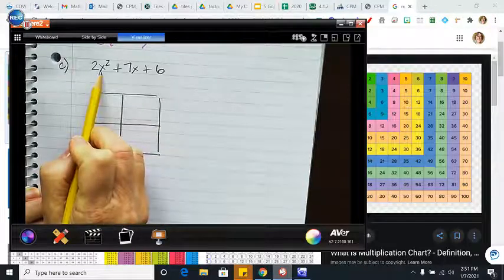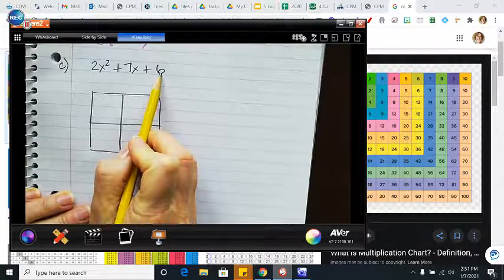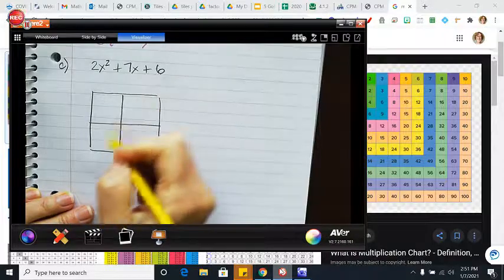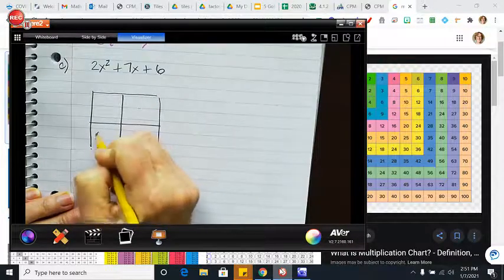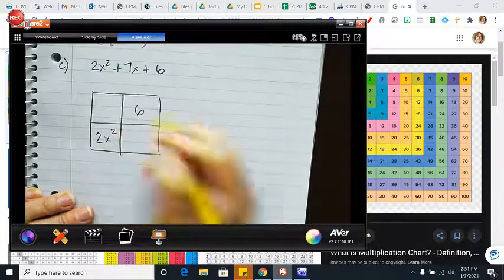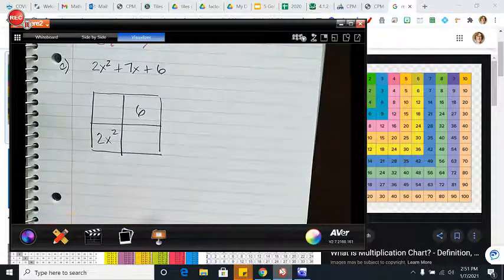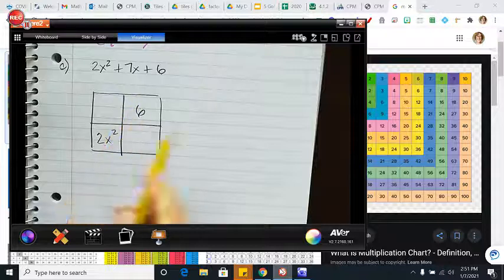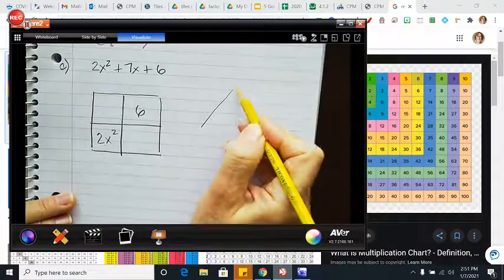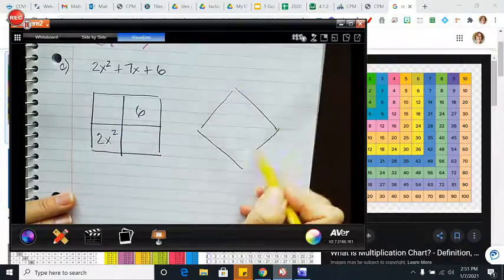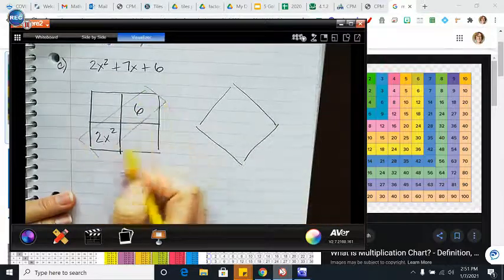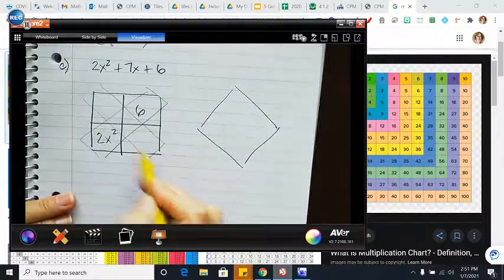We know that the x squared term and the constant have to go in opposite corners. Well, they don't have to, but it will make our lives easier if they are in opposite corners. And now we're going to add the idea of this diamond. So we know that this product is the same as this product.